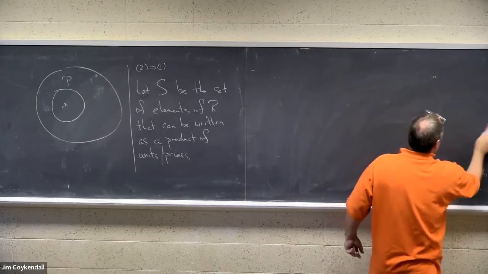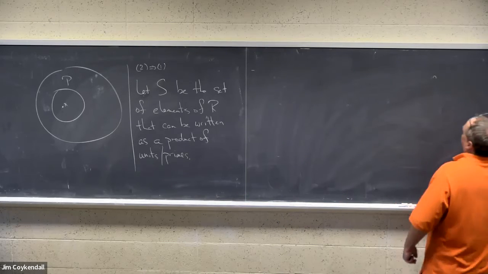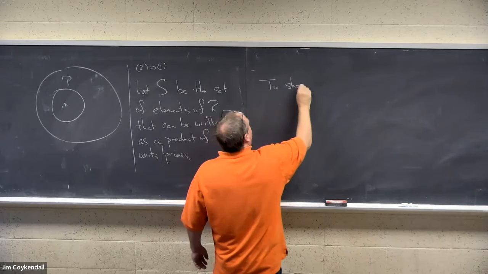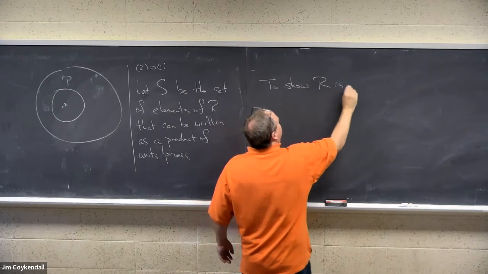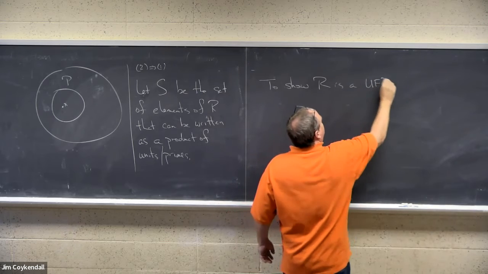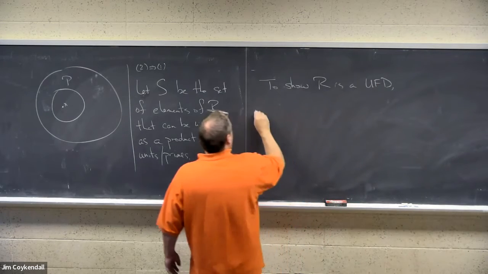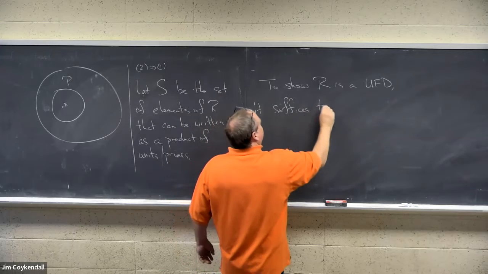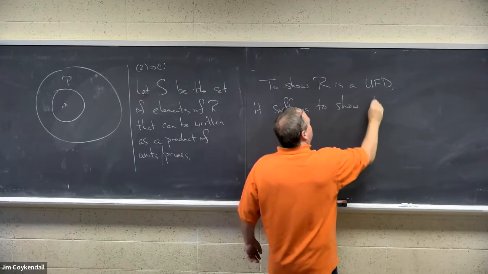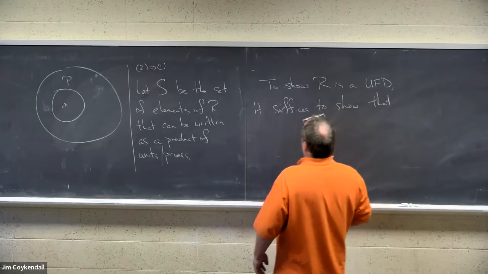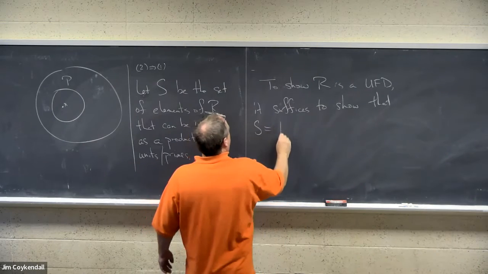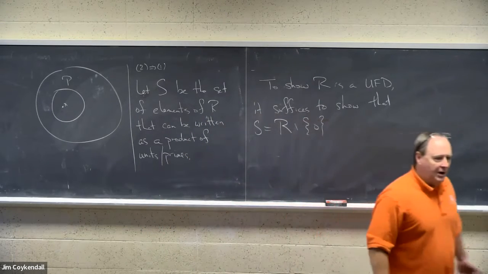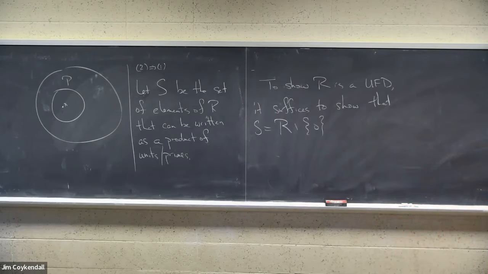So let's let S be this set. So to show this is a UFD, it suffices to show that S is basically all the non-zero elements, right?